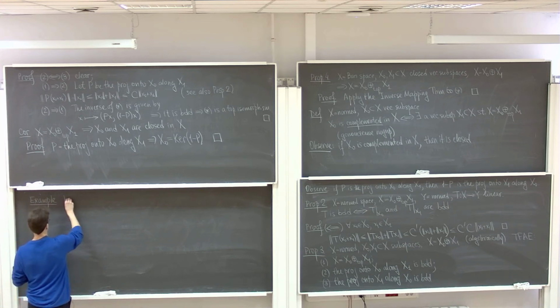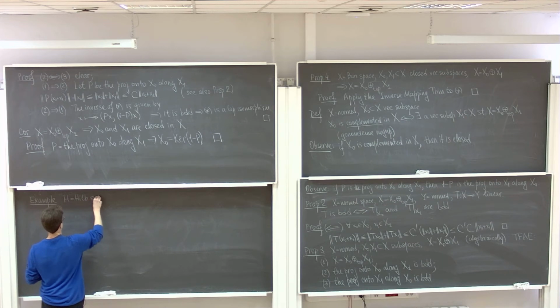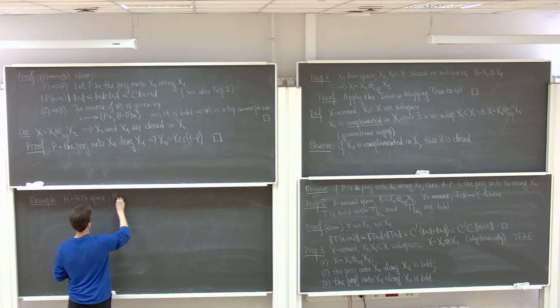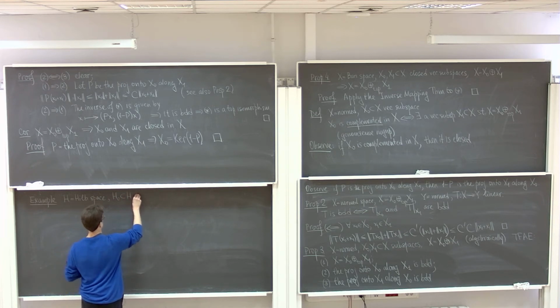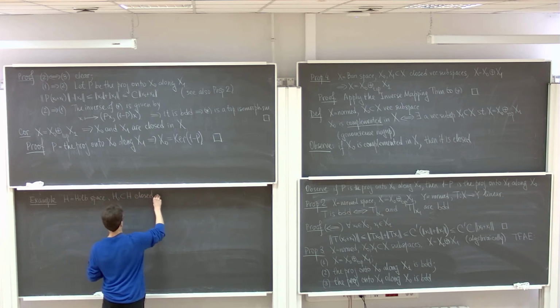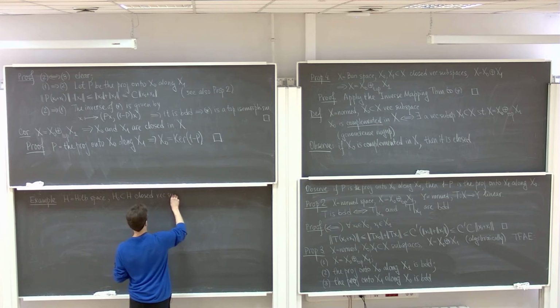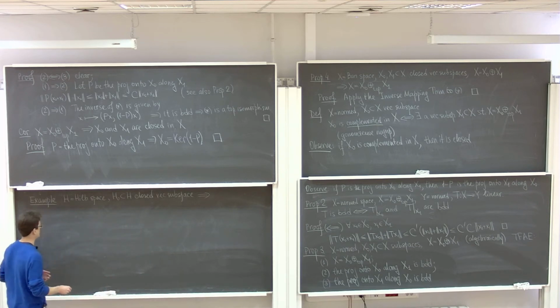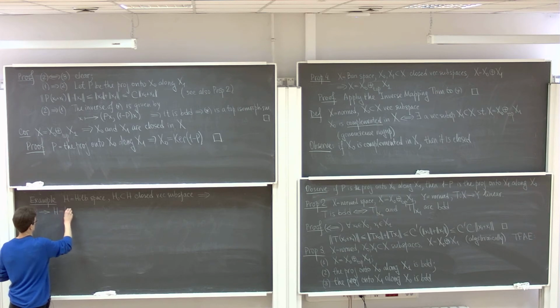So we have the following example. If H is a Hilbert space, and H0 is a closed vector subspace, then we know that H is the direct sum of H0 and the orthogonal complement.